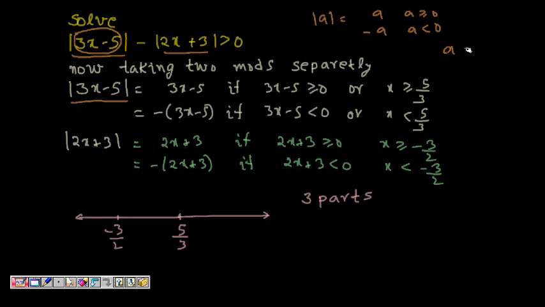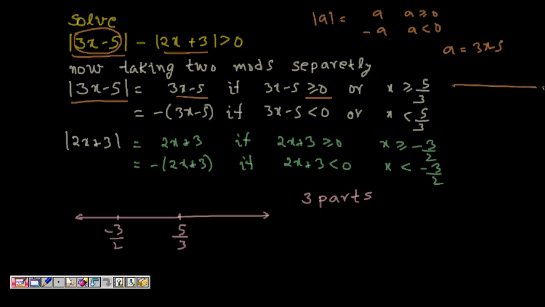So now here a is 3x minus 5. So mod of 3x minus 5 is equal to 3x minus 5 if 3x minus 5 is greater than or equal to 0, or x is greater than or equal to 5 by 3.